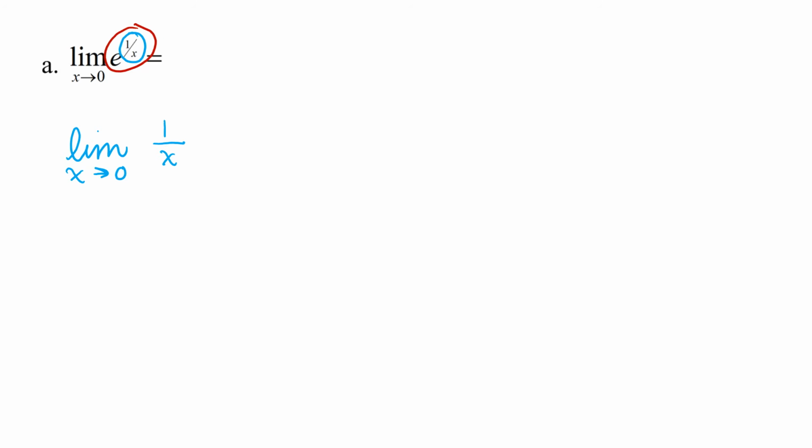The limit as x approaches 0 of 1 over x will be equal to infinity, because our numerator stays the same value, but our denominator gets smaller and smaller. So much like if you have 1 over 1/2, that's equal to 2, but 1 over 1/3 is equal to 3. So when your denominator gets smaller while your numerator stays the same, the overall value gets larger and larger.